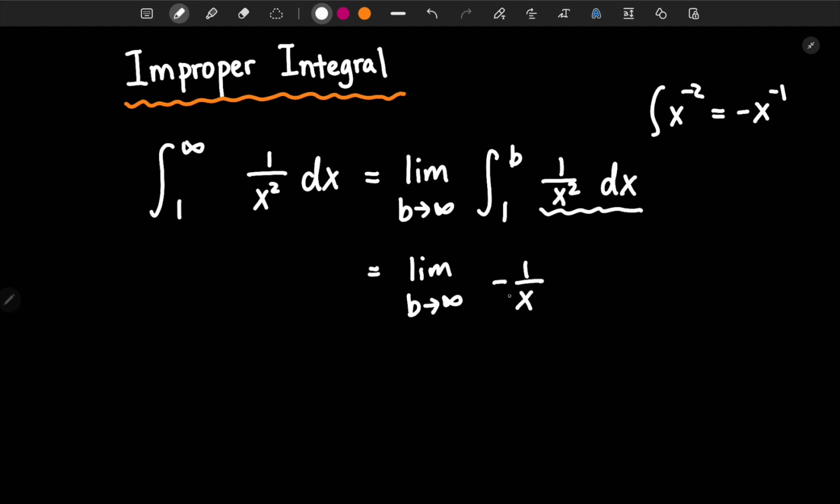That's the antiderivative of this function. And evaluate from 1 to b. Just like how you would plug in for a normal integral, we would get negative 1 over b minus negative 1 over 1.